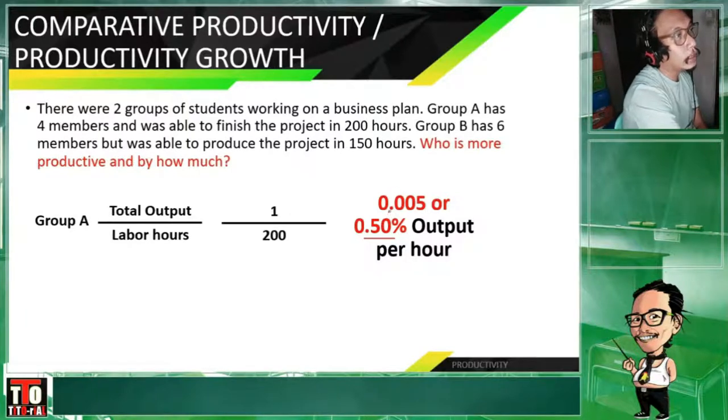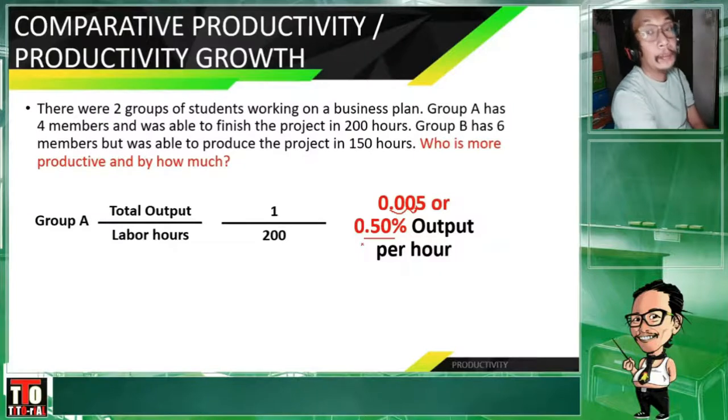So, converting decimal into percent, di ba, i-move lang natin to going to the right. So, nandito yung decimal point before the 5. So, it is 0.5% output per hour. So, wala pang 1% yung output nila.